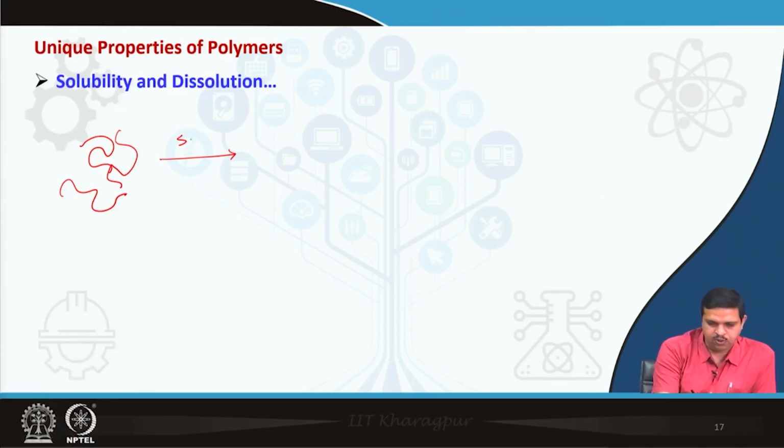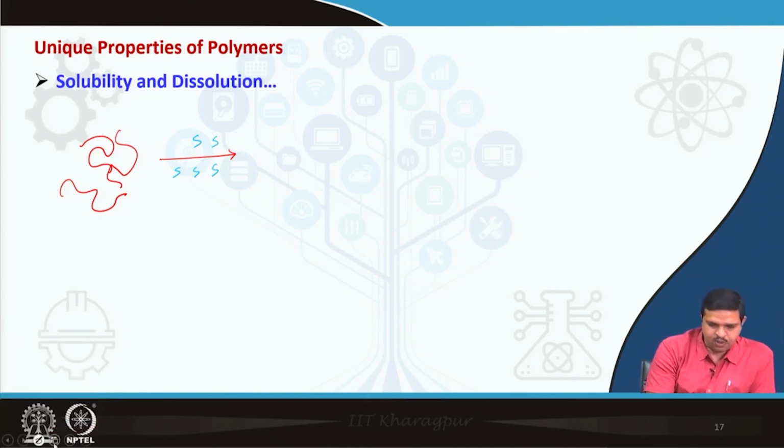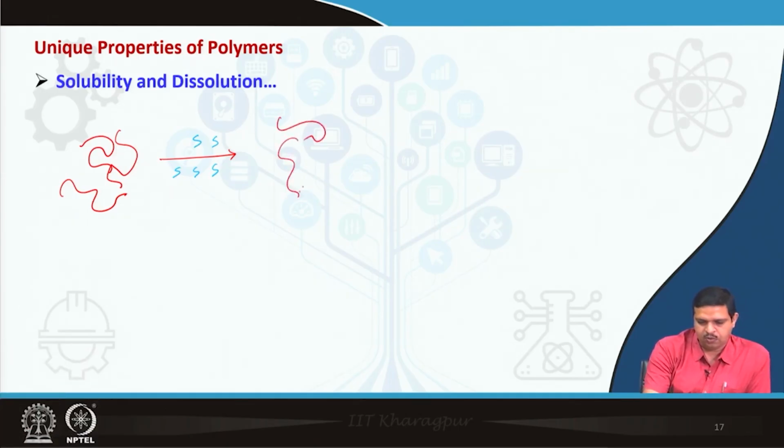These solvent molecules will penetrate in the environment of the entangled polymers. So, what will happen if the penetration is good enough, then solvent molecules will be here like that, and this process, that is, you can say, delta H dissolution is much higher than for the small molecules.